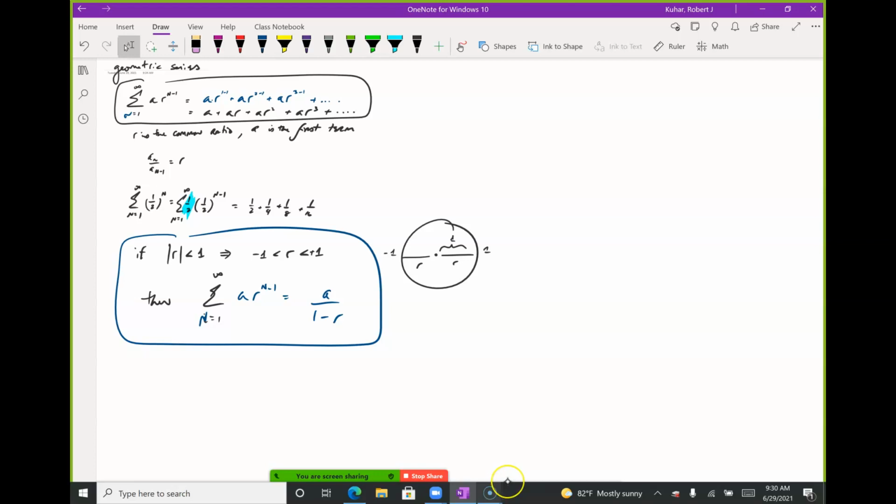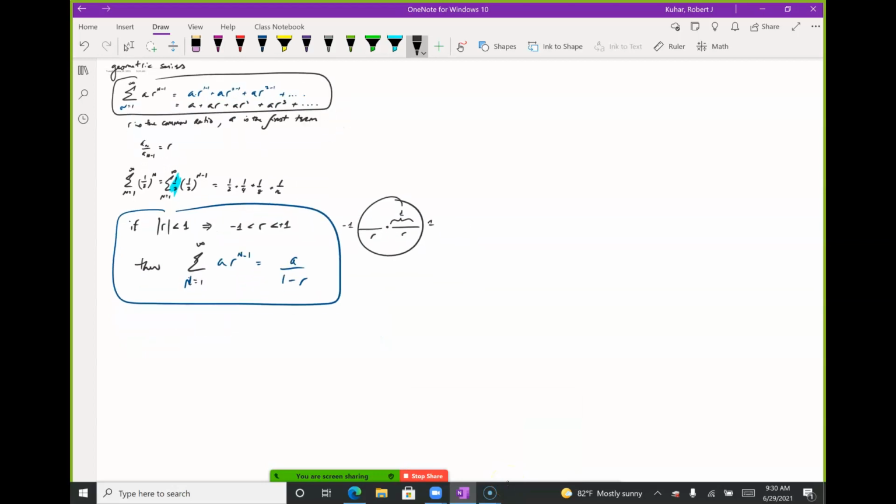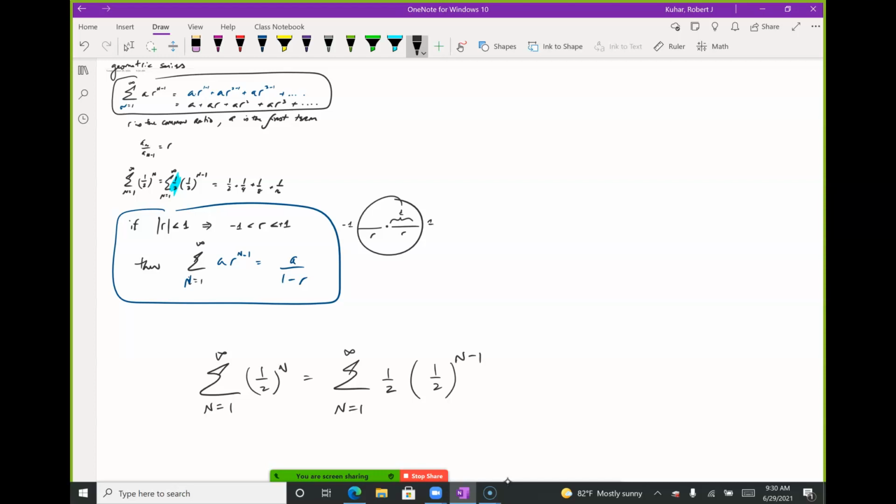Okay. So let's take one that we already know the sum of, that is geometric, the one we just had. We had the sum of n equals 1 to infinity of 1 over 2 to the n. We're going to rewrite that as our geometric piece. We've done it a couple times. I'm factoring out a 1/2. If I factor out a 1/2, now my power is to the n minus 1 power, and that's what I want.